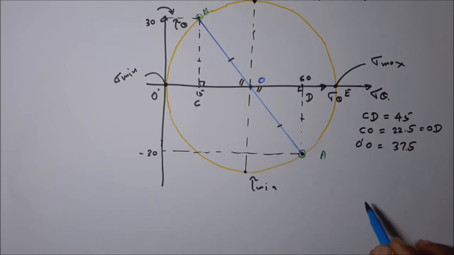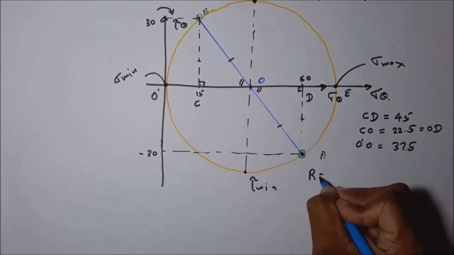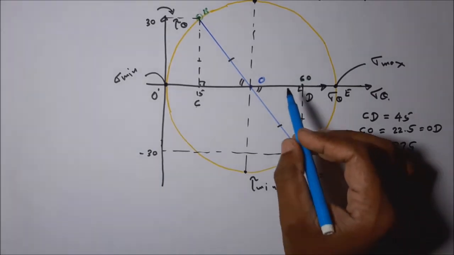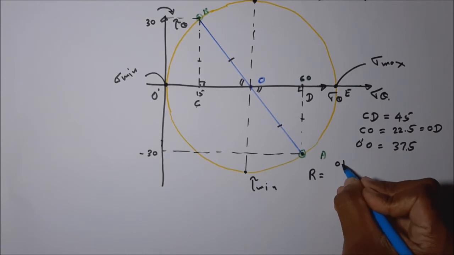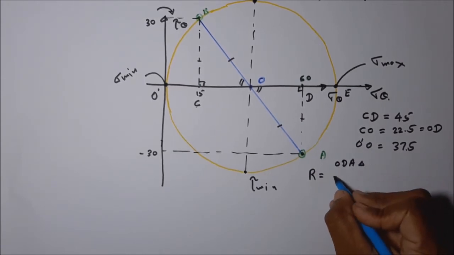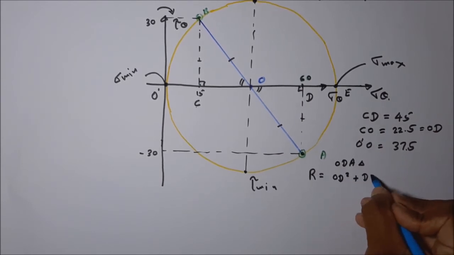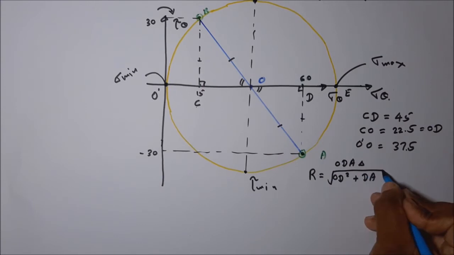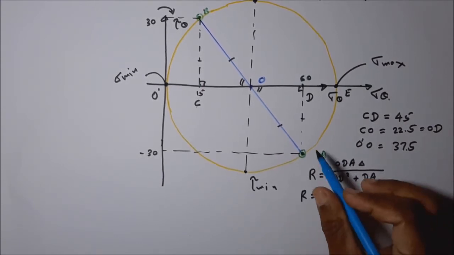Then the problem is asking R. So I'm going to write the R. What is R? From the ODA triangle, R is equal to the square root of OD squared plus DA squared. What is our OD?